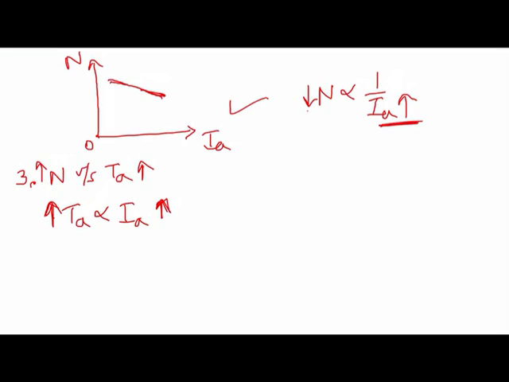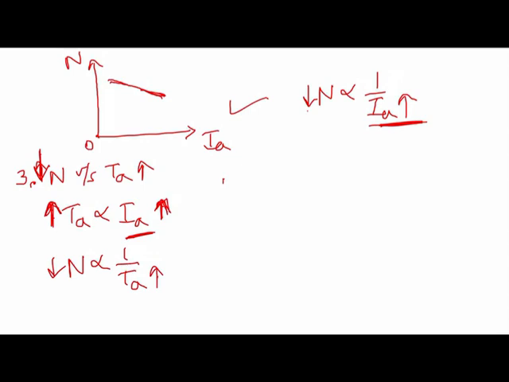Since IA is directly proportional to torque, when IA increases, torque also increases, but speed will decrease. So for this relation, N is inversely proportional to T. We are just replacing IA by T. As torque increases, your speed will decrease.